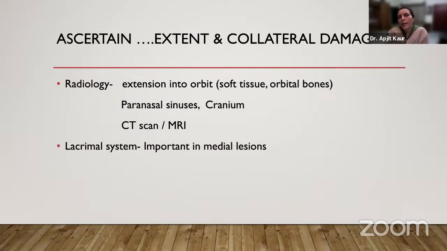So how do you ascertain the extent and the collateral damage? The extent is basically clinical and radiological. Why do you need radiology? Because you need to know whether the lid lesion is limited to the lid or has gone into the orbit. What is the collateral damage? It is mostly to the lacrimal system on the medial side.